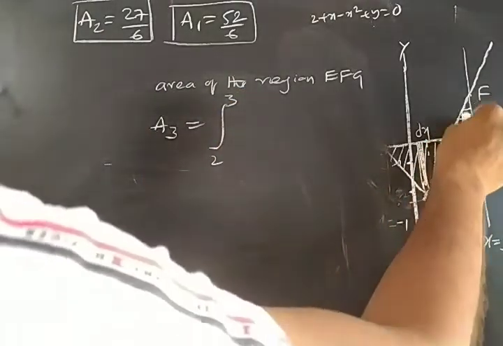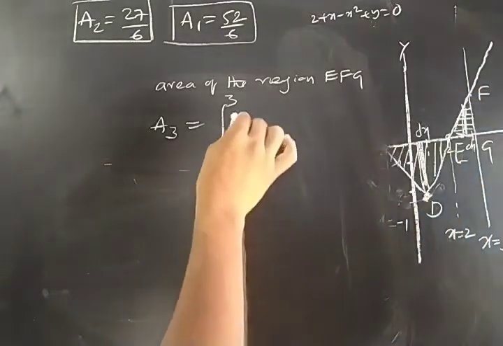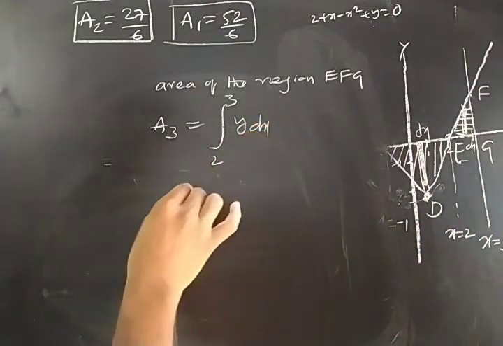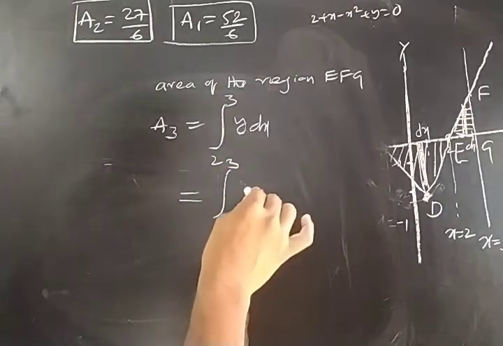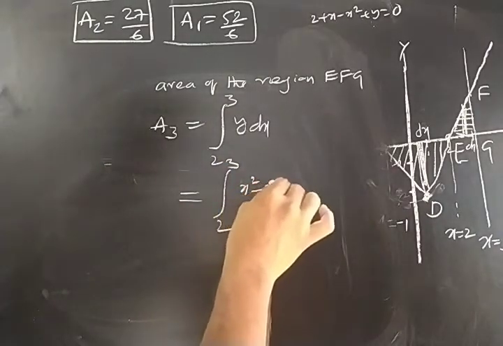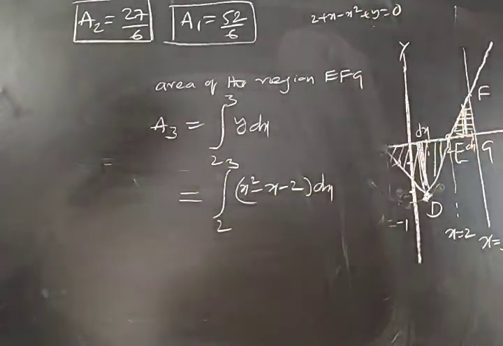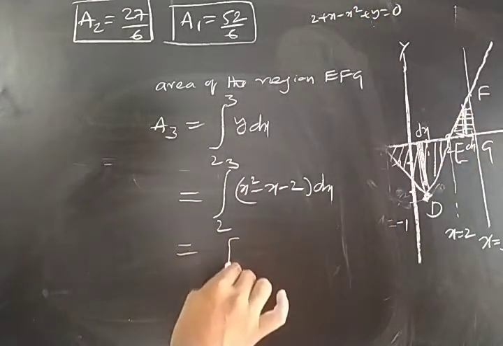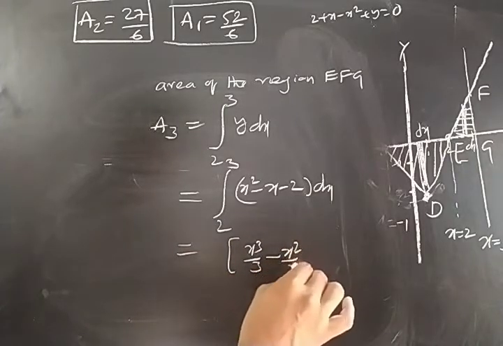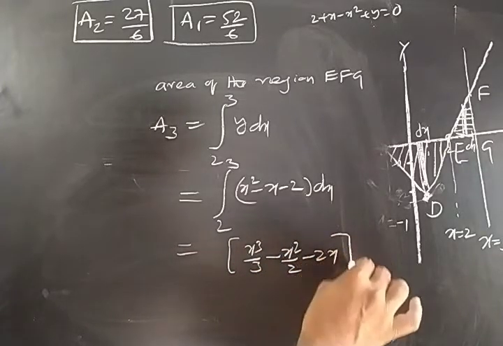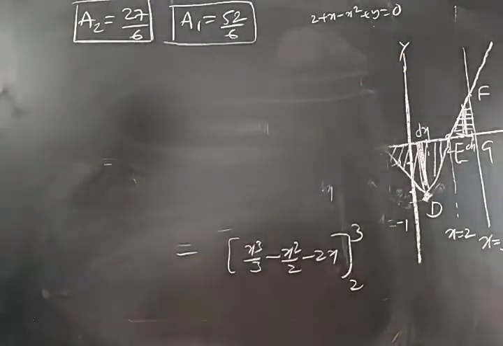Again I am taking a vertical strip whose width is dx and height is y, so y dx from 2 to 3, where y is x square minus x minus 2 from the parabola curve. By integrating it, you will get x cube by 3 minus x square by 2 minus 2x, lower limit 2, upper limit 3. Now I am going to substitute the limits.